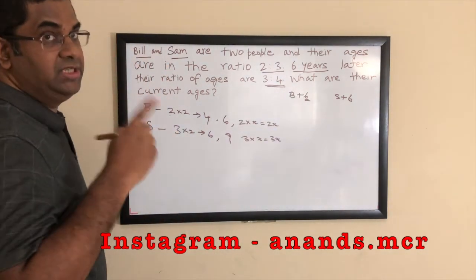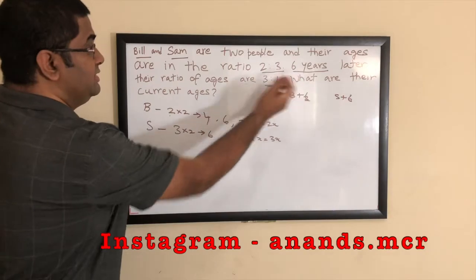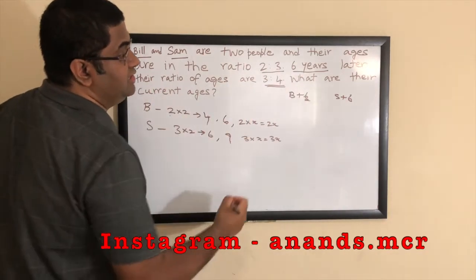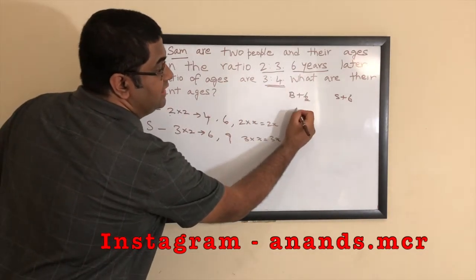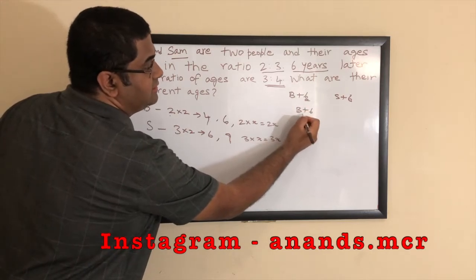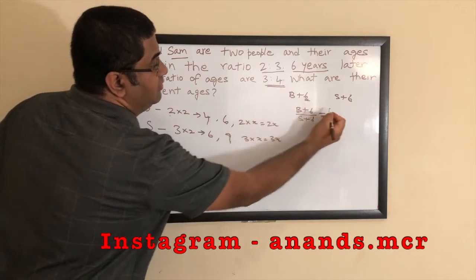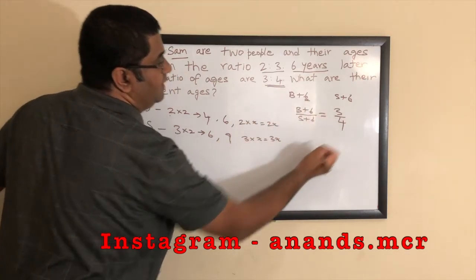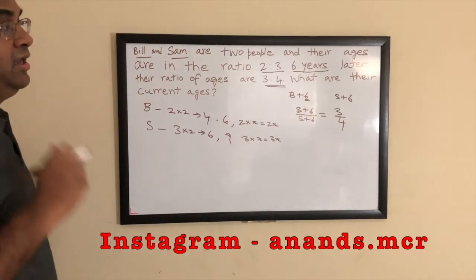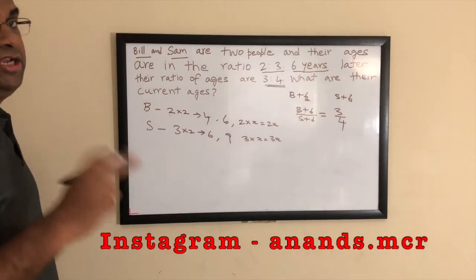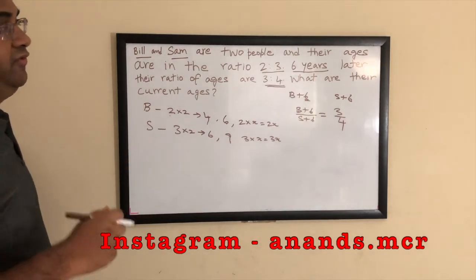Now, the information that we have been given in the problem is, 6 years later, the ratio of ages are 3:4. So 6 years later, this is how the ratio looks, friends. B plus 6 by S plus 6 will be equal to 3:4. So 6 years later, the ratio of Bill's to Sam's age is 3:4.